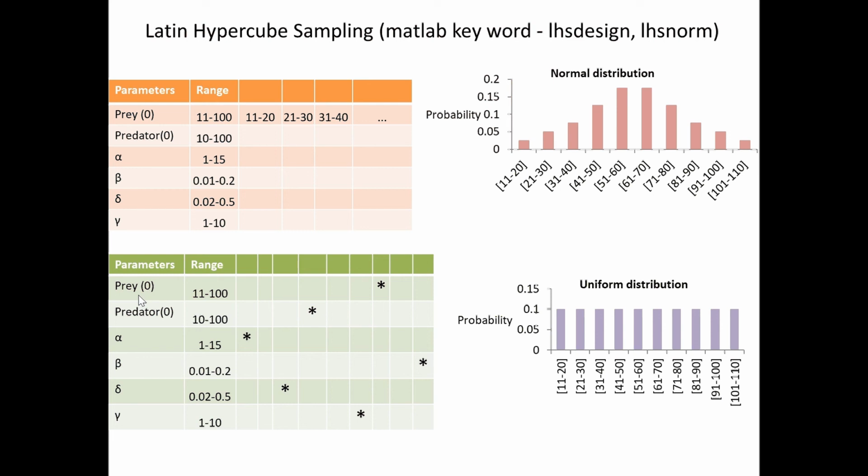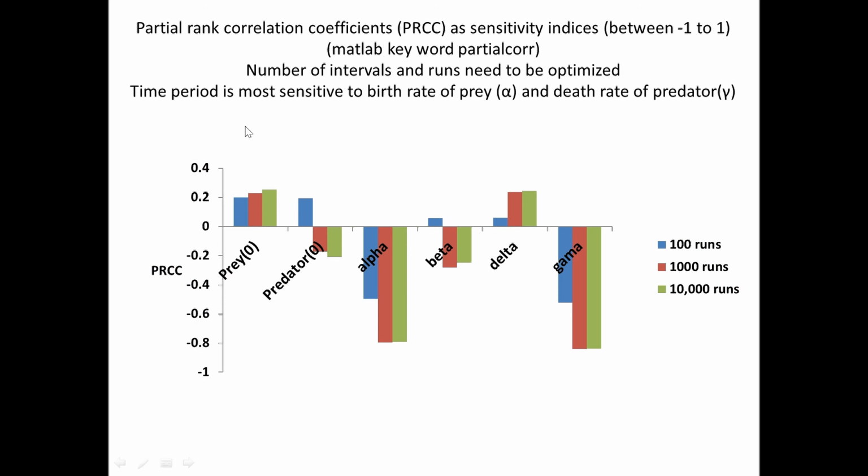Once we run the simulation several times, we can calculate what's called a PRCC value. With MATLAB, the keyword you can use is partialcorr to identify the PRCC value. PRCC stands for partial rank correlation coefficient. These can be used as sensitivity indexes.